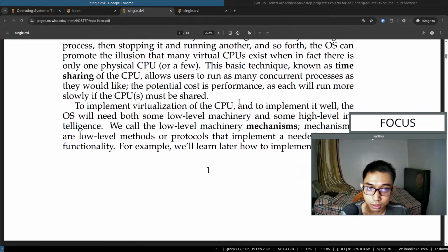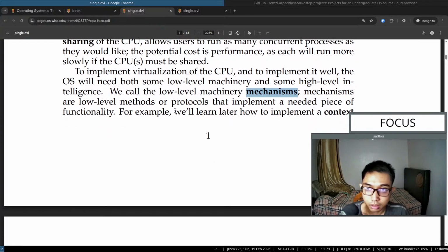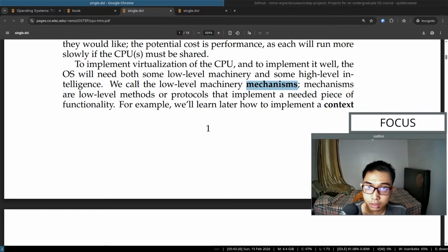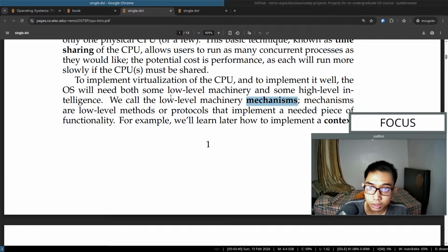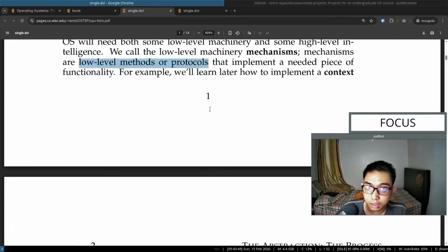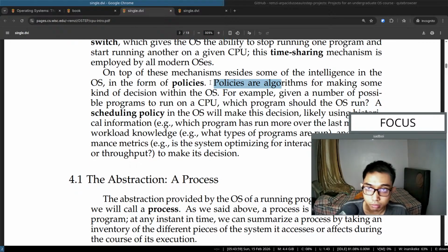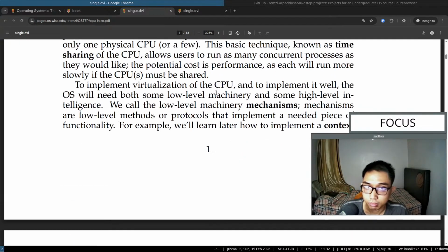Okay, so we have a mechanism and intelligence. Mechanism: a low-level method or protocol that implements a needed piece of functionality. And then we have policies: an algorithm for making some kind of decision within the system.